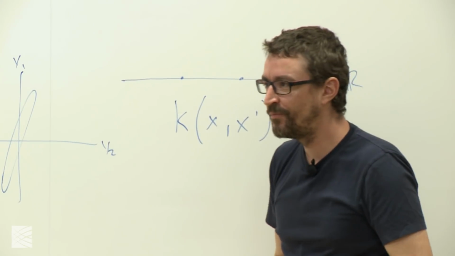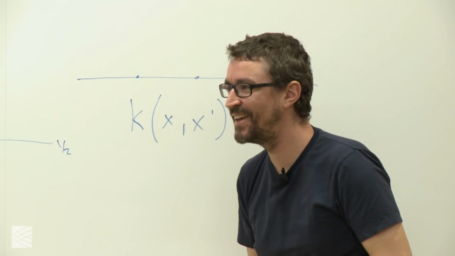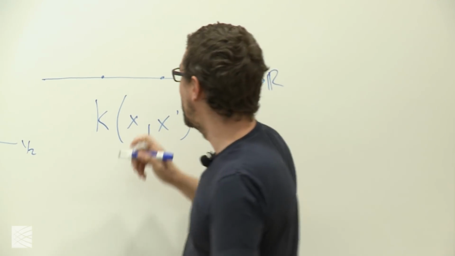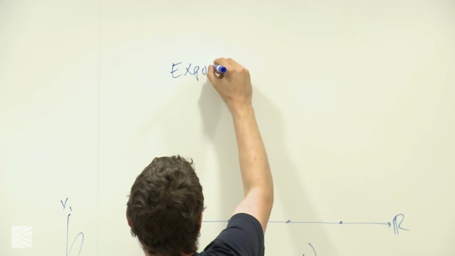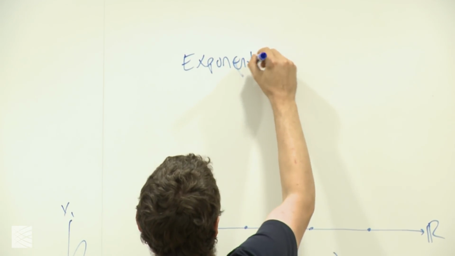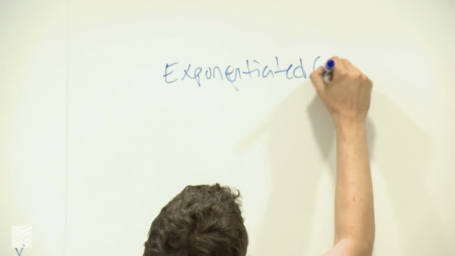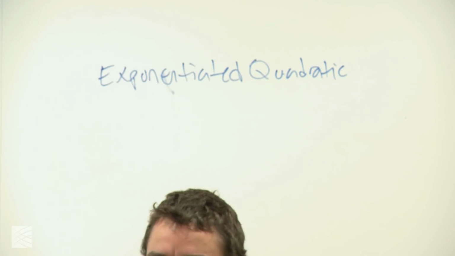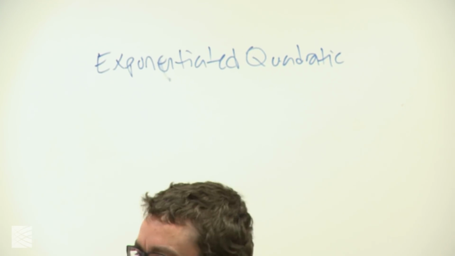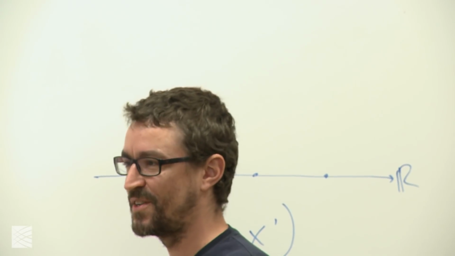Can you write down the canonical kernel that gives you nice smooth functions? Yeah. So like what we call in our library the exponentiated quadratic. It goes by many names. Some call it Gaussian, some call it radial basis function, some call it the squared exponential, right?